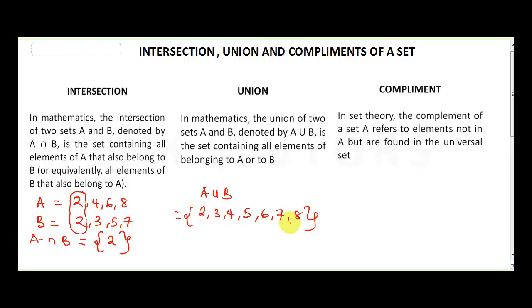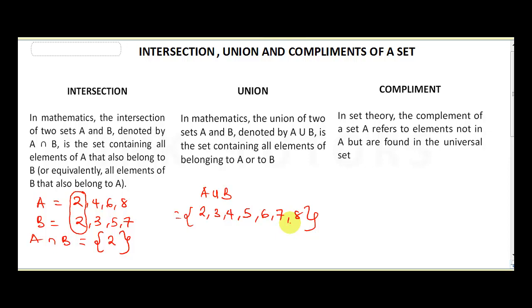Considering that A is 2, 4, 6, 8 and B is 2, 3, 5, 7, A union B is going to be 2, 3, 4, 5, 6, 7 and 8. And notice we cannot repeat the 2 twice because 2 is just one element. So that is exactly the meaning of A union B.